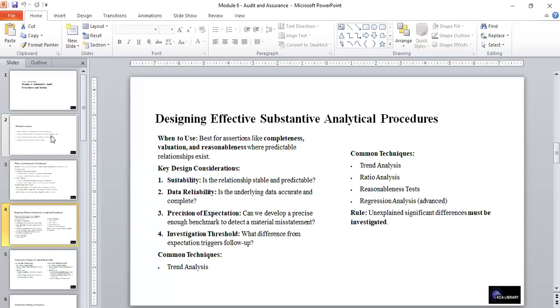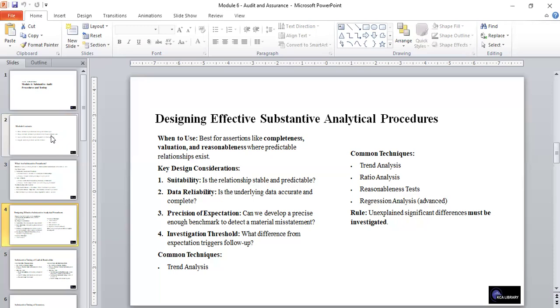Another is data reliability: is the underlying data accurate and complete? Another is the precision of expectation: can we develop a precise enough benchmark to detect a material misstatement? And lastly, investigation threshold: what difference from expectation triggers follow-up?